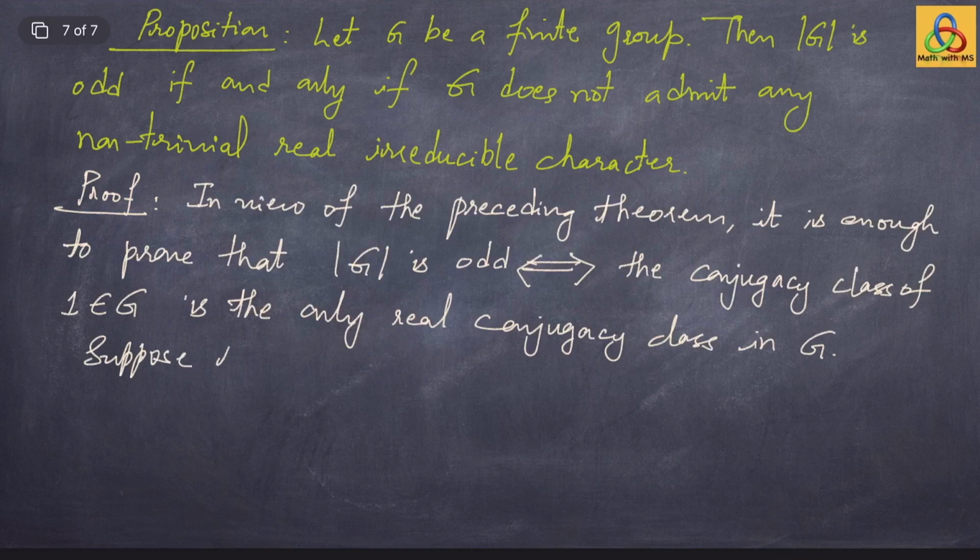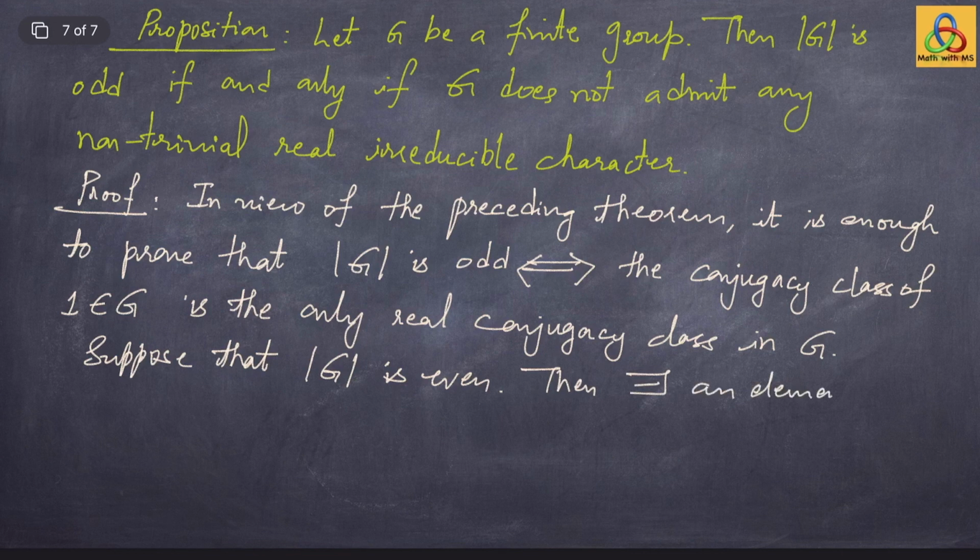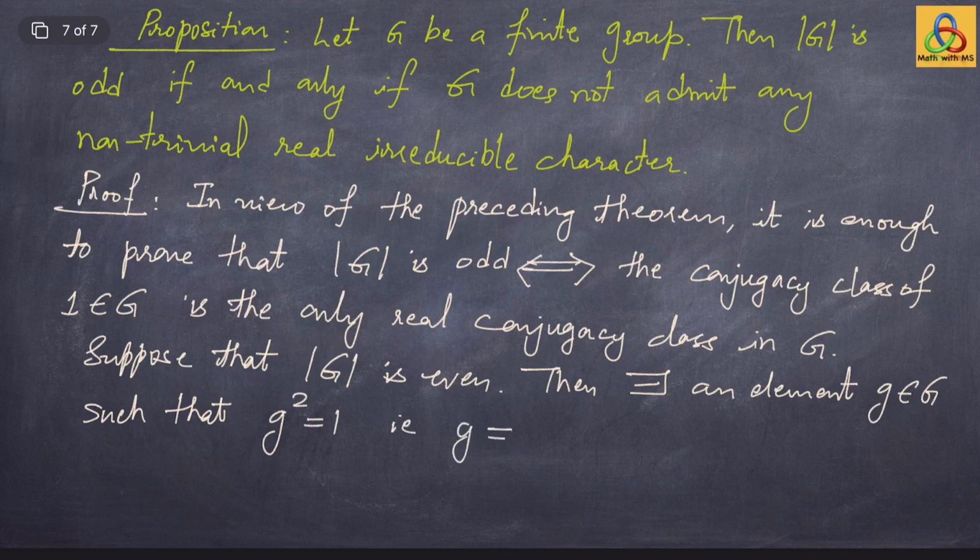Suppose that the order of the group G is even. Then by Cauchy's theorem, since 2 divides the order of the group G, there exists an element g belonging to G such that g is of order 2, that is, g square is 1. That is, g is the same as its inverse.